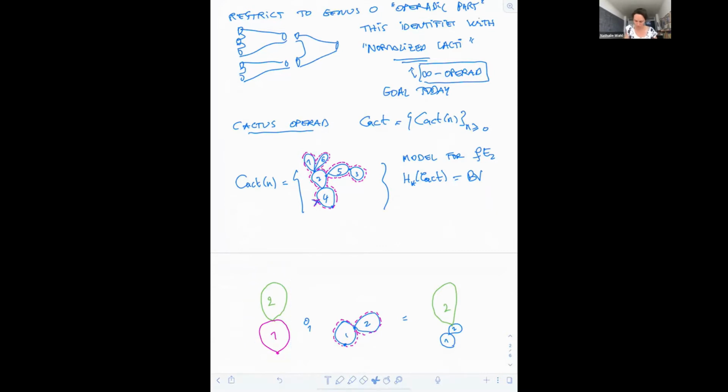So I do one of these circle-i operations. Then I'm going to identify the outside circle of the second cactus with the first lobe of the first cactus. And I have to say how. Well, I'm going to shrink this second cactus so that this outside circle has the same size as the other lobe, and just plug it in.